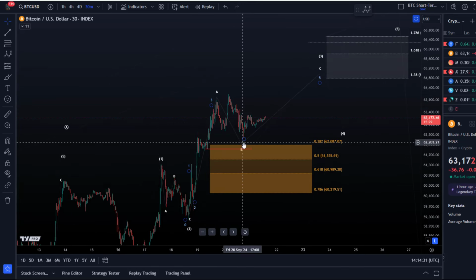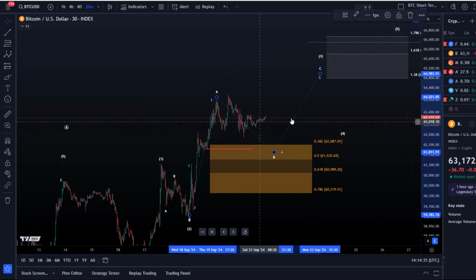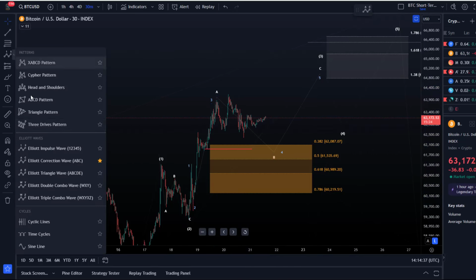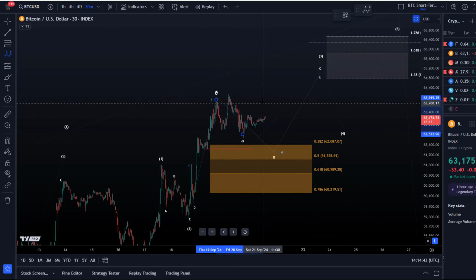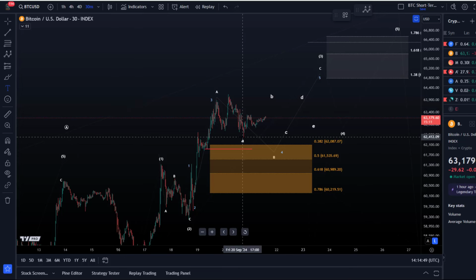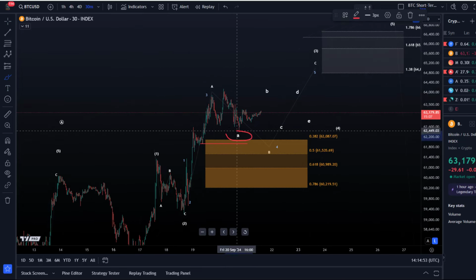So that takes us to a wider correction. It could be, as time goes on, even a triangle that's unfolding. Now, I don't necessarily expect a triangle because they often morph into something different, but it would be an A wave, a B wave, a C wave, D, E. But you see, we also don't have enough waves for a triangle yet. So it would mean we bottomed in wave A. We're now in wave B, which is an A, B, C structure.